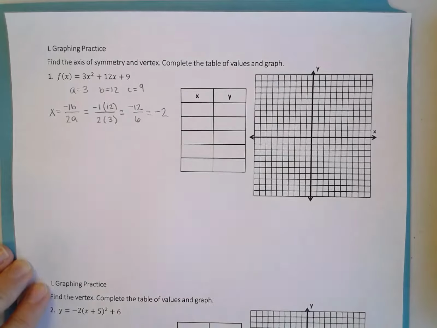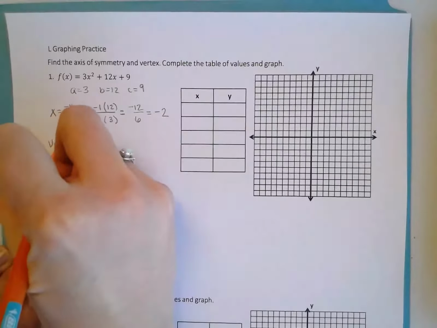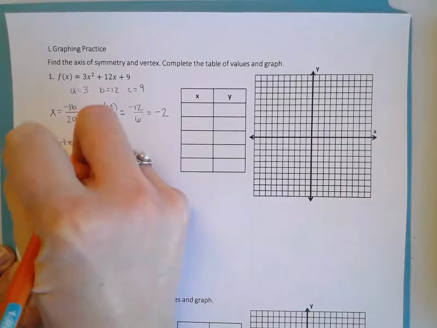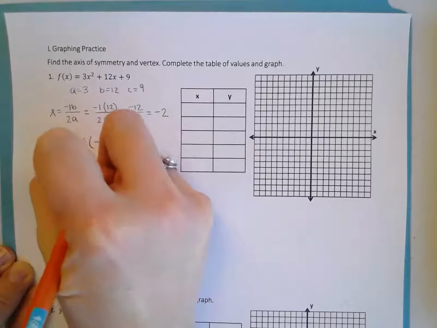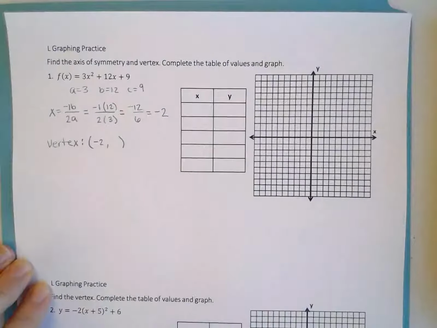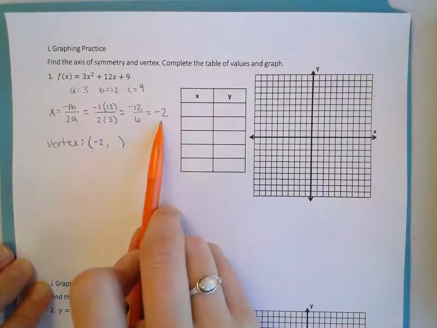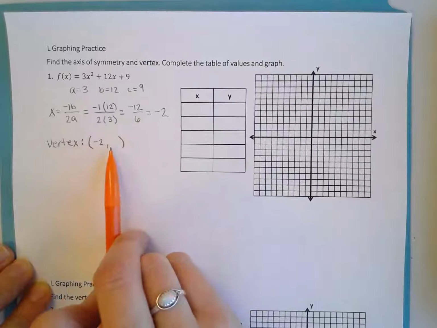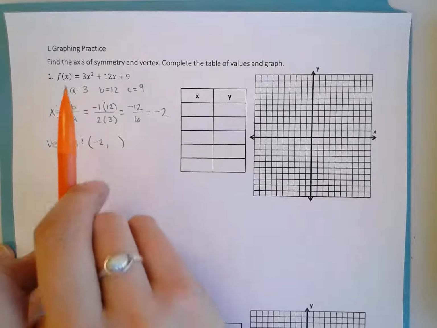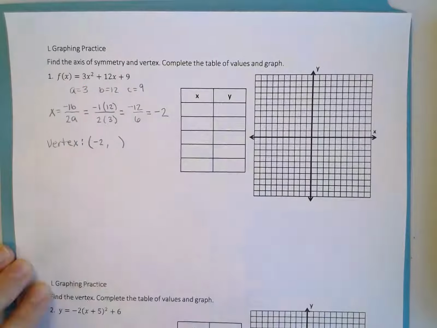You'll then need to find the vertex. The x value of the vertex is the same as the axis of symmetry. You will now need to find the y value of the vertex by plugging in the x into your function.